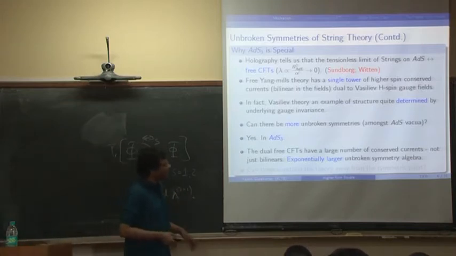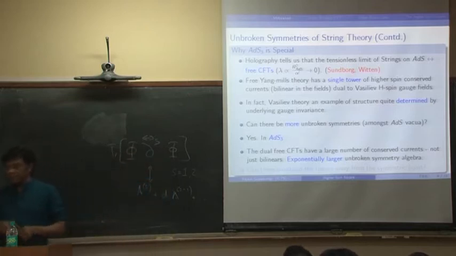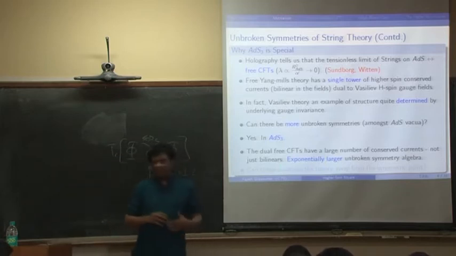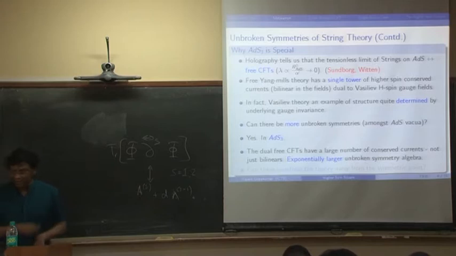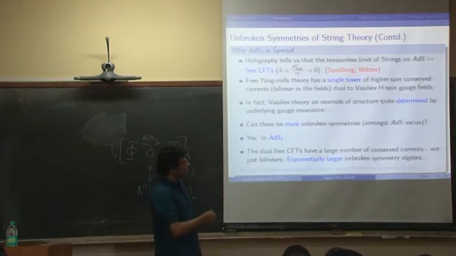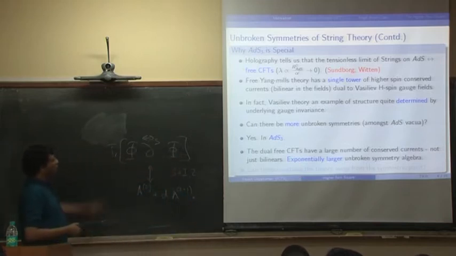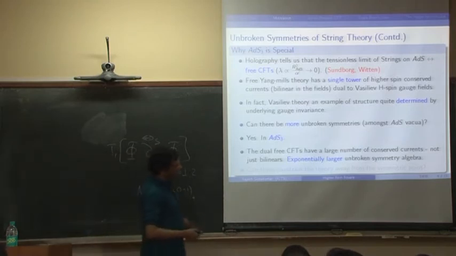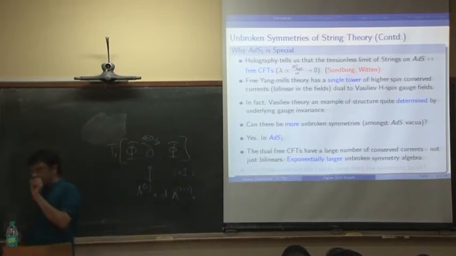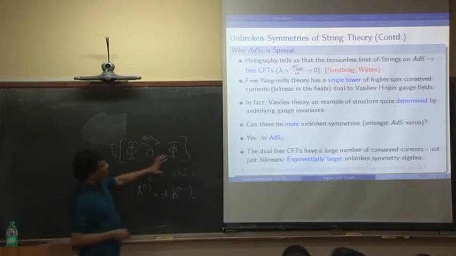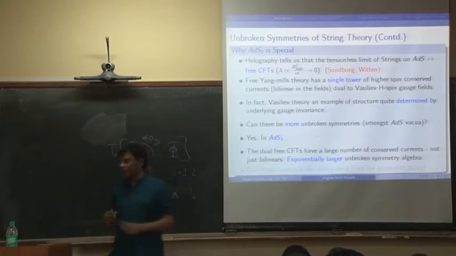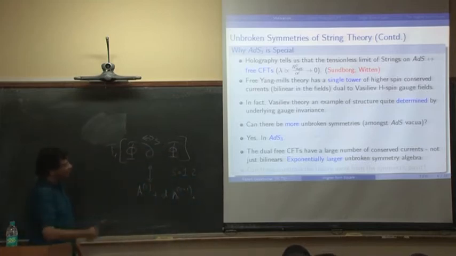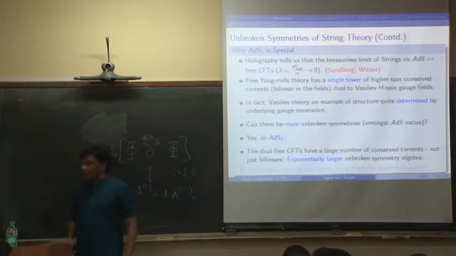That AdS3 is special in that there's a much larger set of conserved currents in this theory. In fact, an exponentially larger unbroken symmetry algebra, and that is this higher spin square. This exponentially larger set of currents. So now you have currents which are not just bilinears, as we'll discuss, and it's easy to see they are exponentially larger. The Vasiliev currents are there as a small subsector, and in fact they help to organize this whole bigger symmetry algebra in a very definite way.